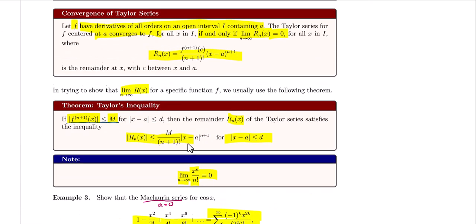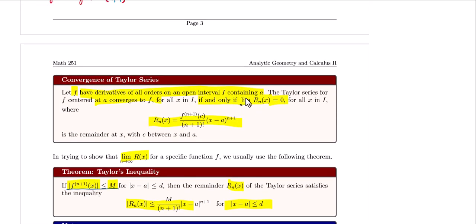Because we now know then that if the limit as n approaches infinity for the remainder is 0, then you know that our power series representation, or Taylor series representation to be specific, converges to f.